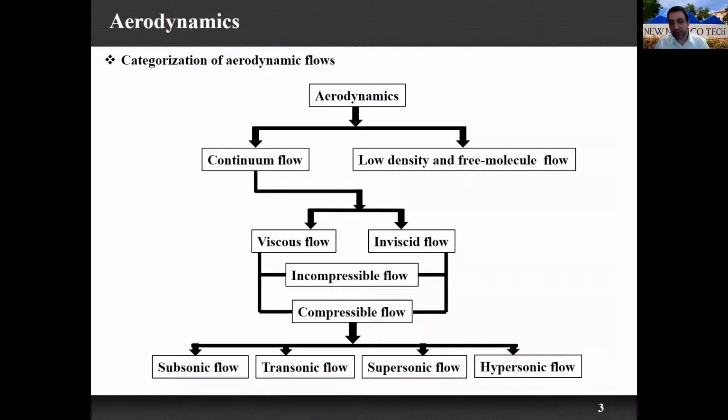So aerodynamics is categorized as continuum flow or low density and free molecule flow. This is the way that we are dividing the types of aerodynamics. So continuum flow can be, for example, the air that we have in our atmosphere.